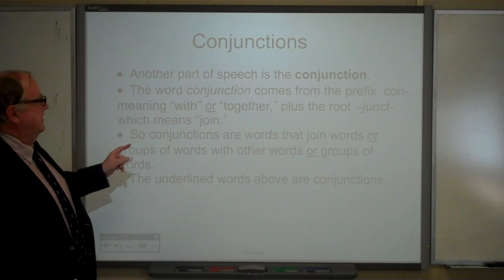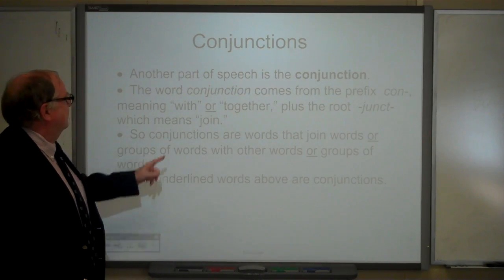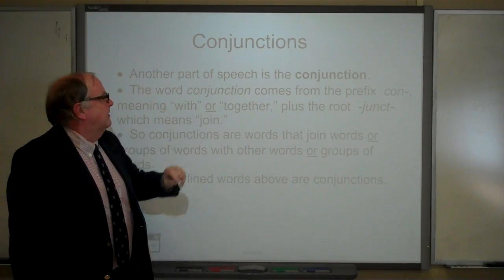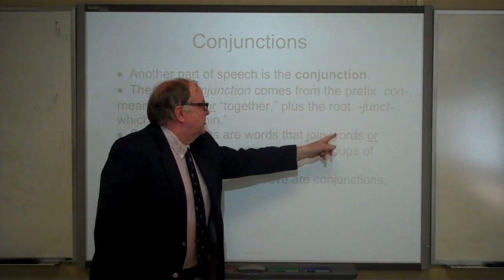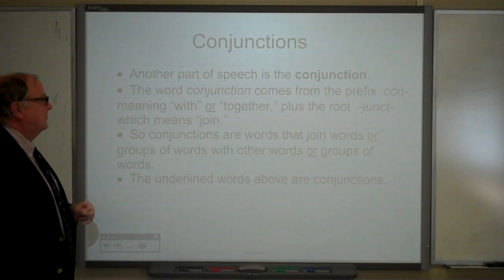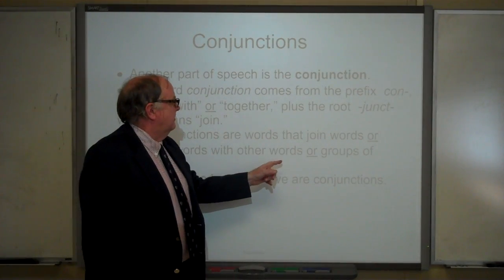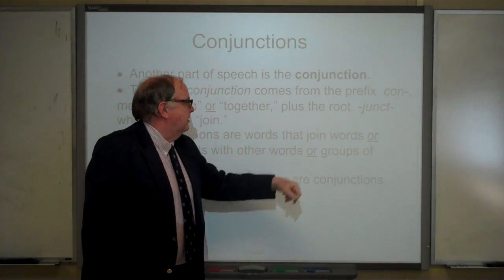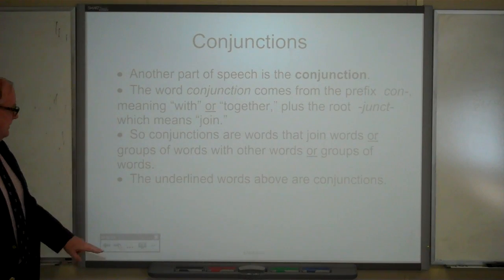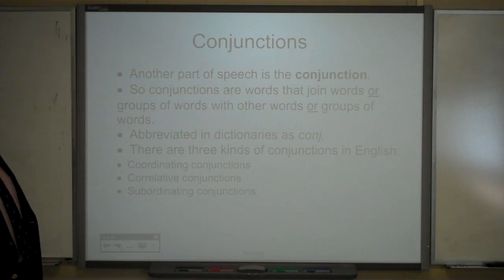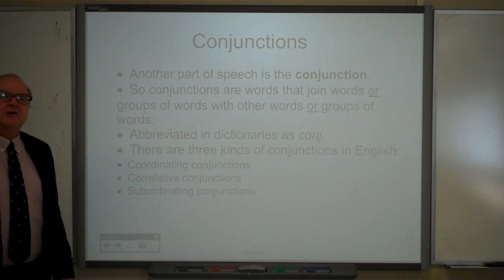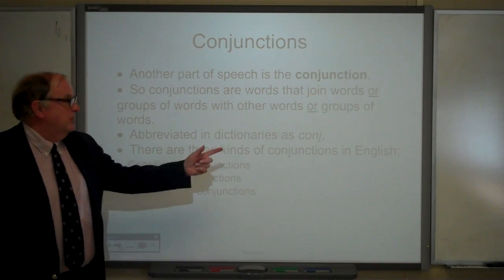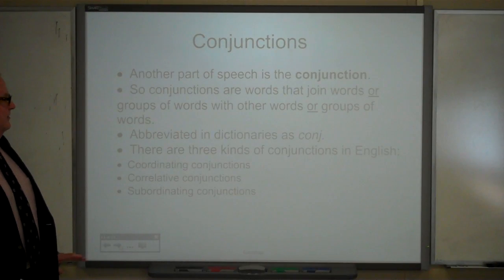Okay, and on this screen, the conjunctions are underlined. They all happen to be the word or, but you can see or joins words together. Here the word or joins words or groups, and here again or joining words or groups. Conjunctions are abbreviated in dictionaries as CONJ, again pretty easy to figure out.